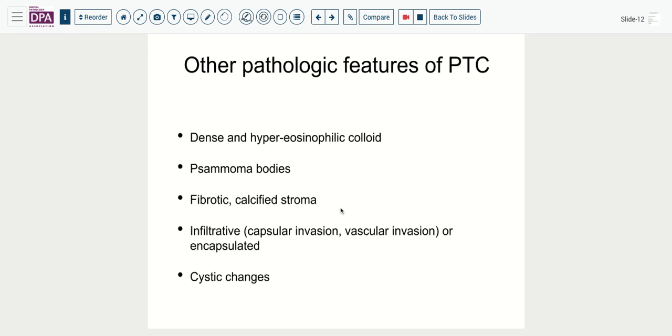Additionally, the stroma can become hyalinized and frequently is hence calcified as that. Papillary carcinoma will often have an infiltrative border, either invading through a capsule if it's arisen in an encapsulated lesion, or even vascular invasion. And cystic changes are also frequently noted.